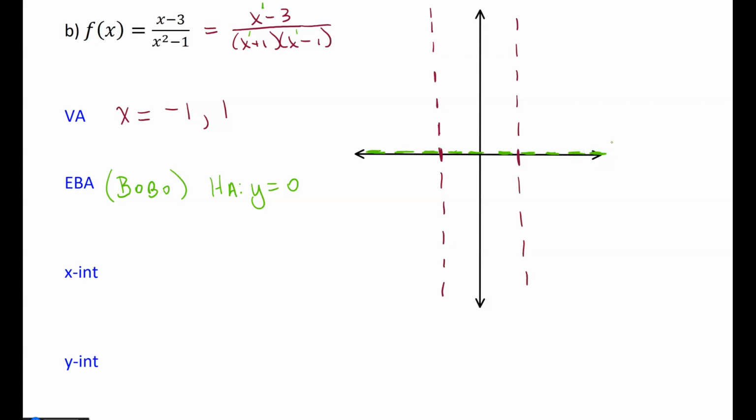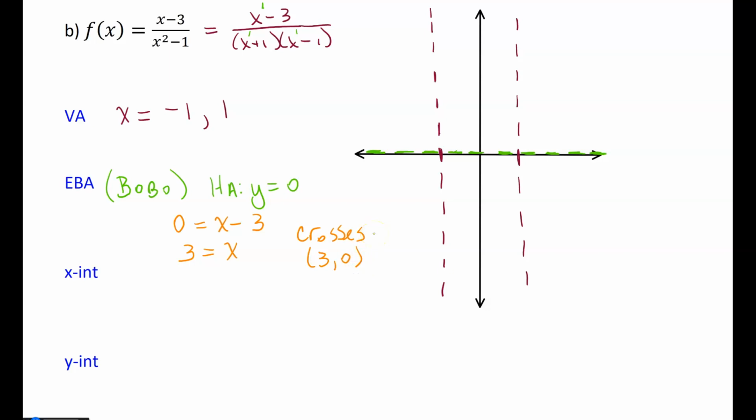Okay, so we always want to see if it crosses the horizontal asymptote. When I take this equation and set it equal to 0, my denominator is going to 0 out, leaving me with 0 is equal to x minus 3, which means that x is equal to 3. So we know that we are crossing at the point (3, 0).